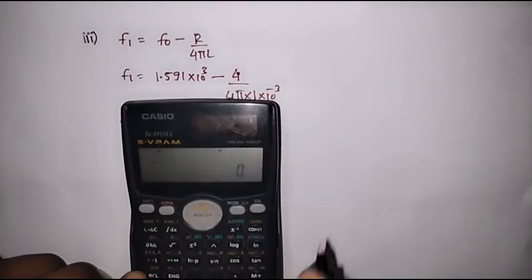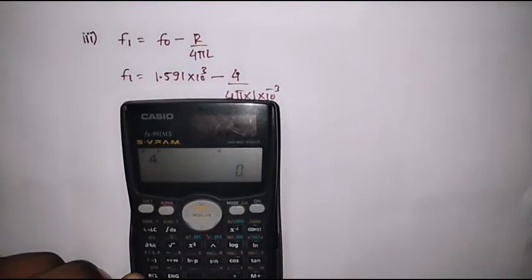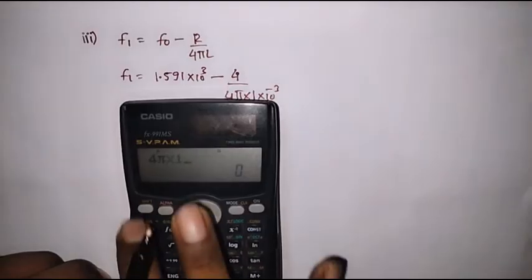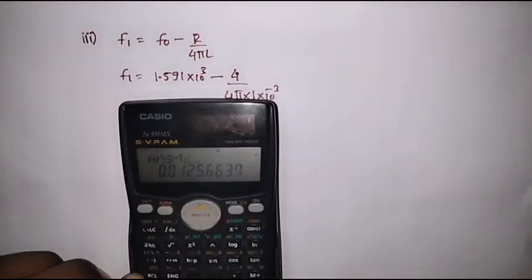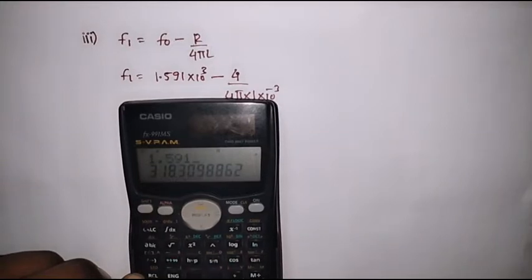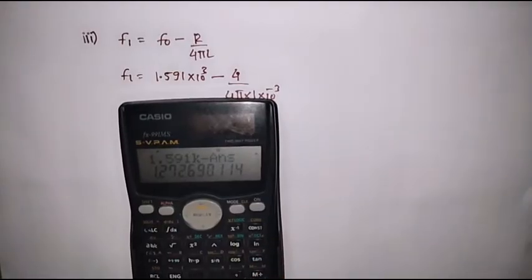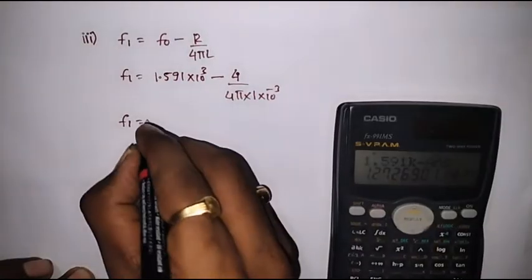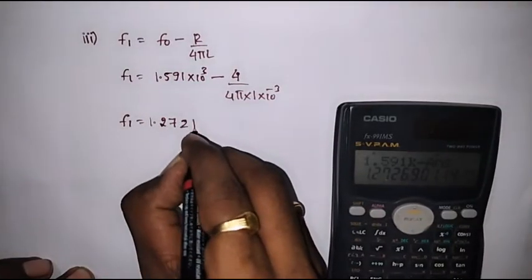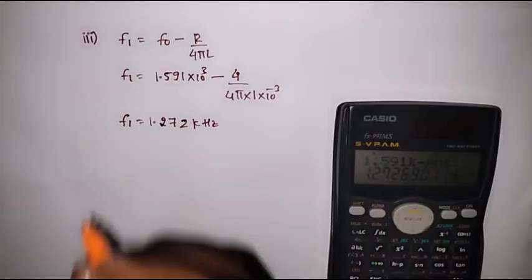First I'll calculate 4 divided by 4 pi into 10 raised to minus 3, that is 4 pi into 1 milli, inverse into 4. This value should be subtracted from 1.591 kilo. So it gives 1.272 kilohertz. So this is lower cutoff frequency F1.